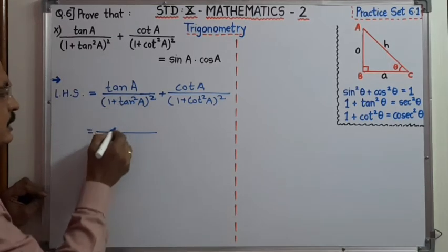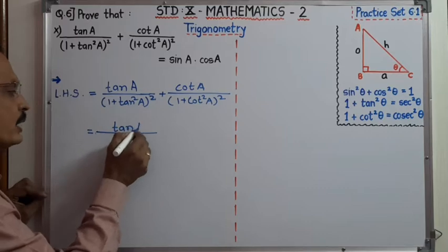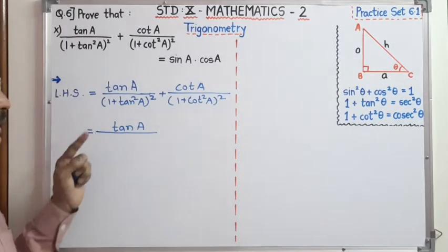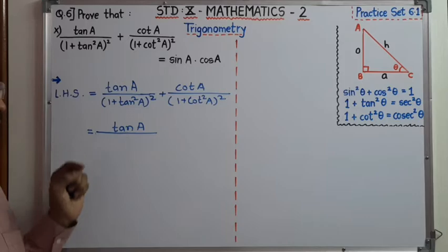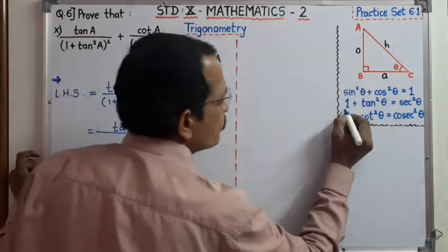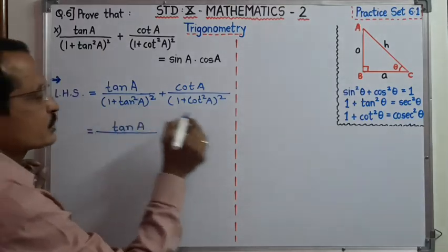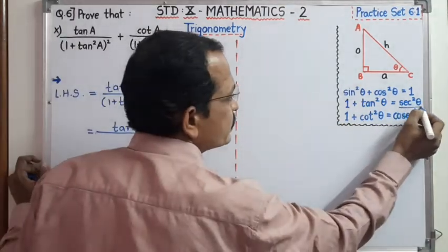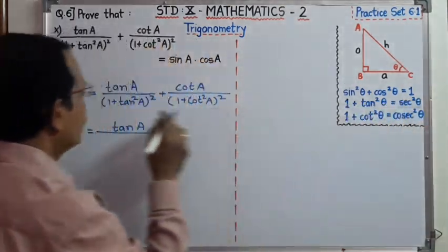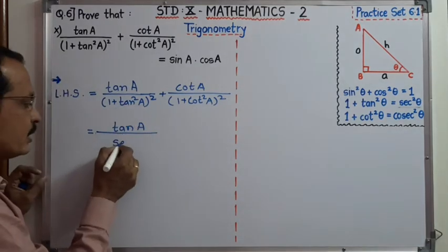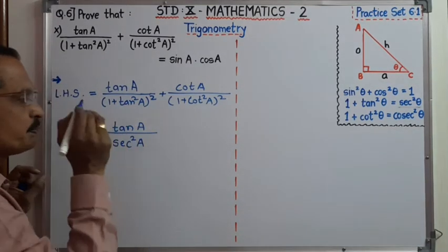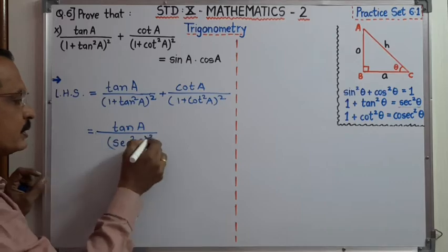For that, see this tan A we can write as it is. Then dear student, 1 plus tan square A. We know this, 1 plus tan square theta, that means 1 plus tan square A is equal to sec square A. Therefore, instead of this we can write here (sec square A) bracket square.